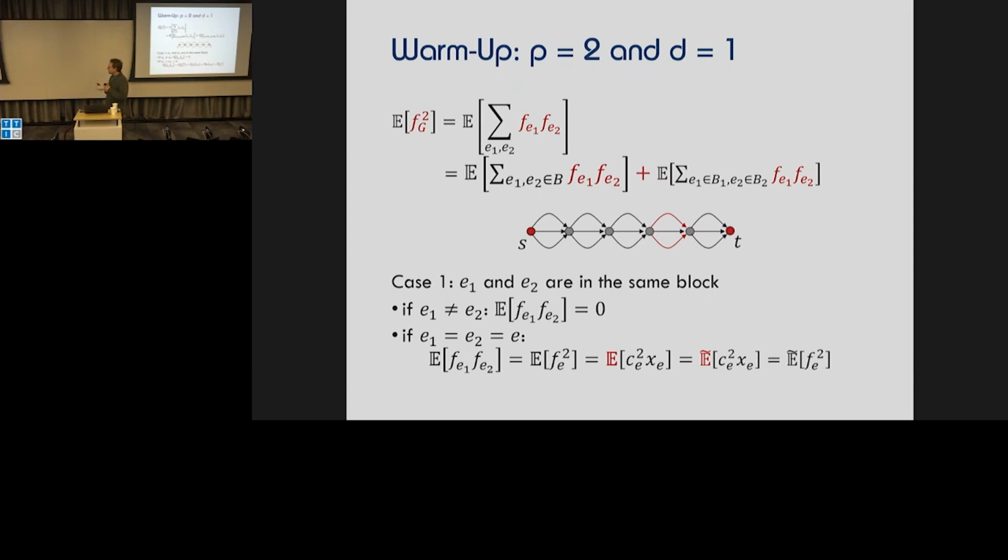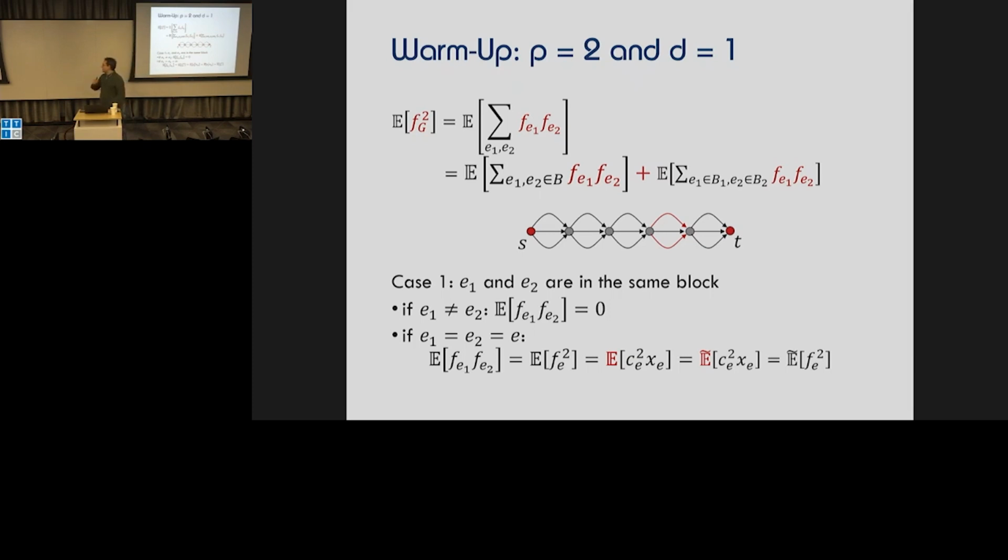In the first sum, we consider edges e1 and e2 that belong to the same block, like is shown here. And in the second sum, we consider e1 and e2 that belong to different blocks, b1 and b2. And we are going to analyze these expectations separately.